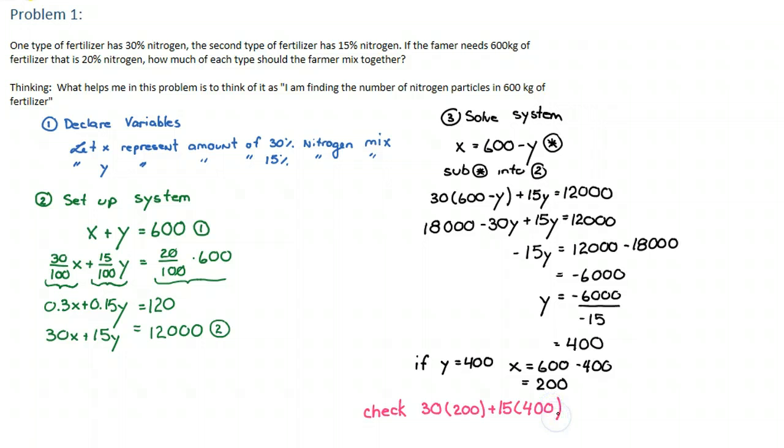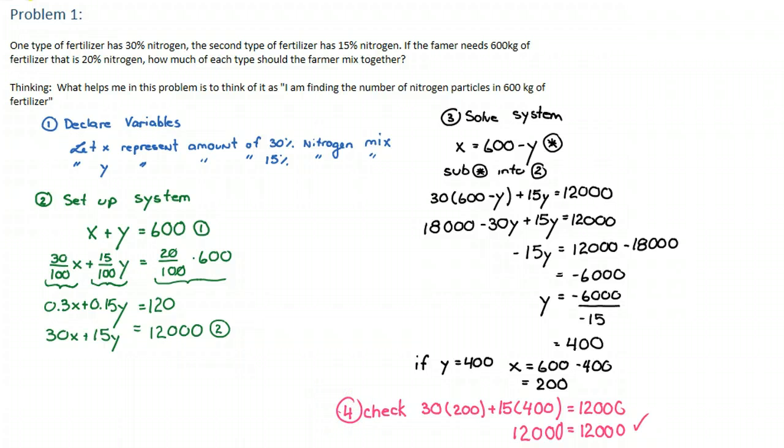If we work this out properly, we should get 12,000. So we're going to leave the right side the same, and I'll just take my calculator and plug this in. 30 times 200 plus 15 times 400. And sure enough, my left side, right side check works. So I feel great about that. And so, sorry, this is step 4, my check.